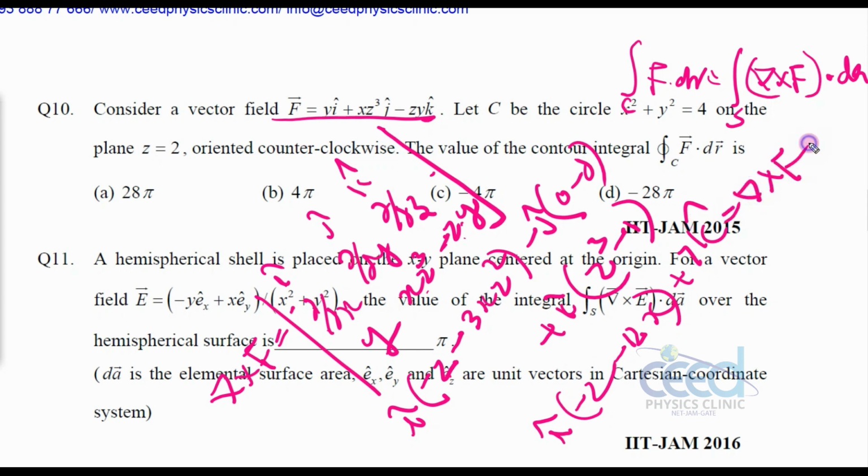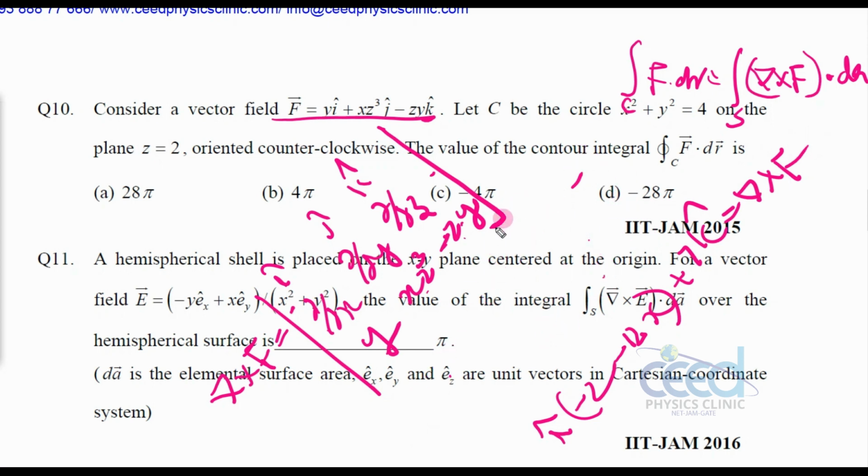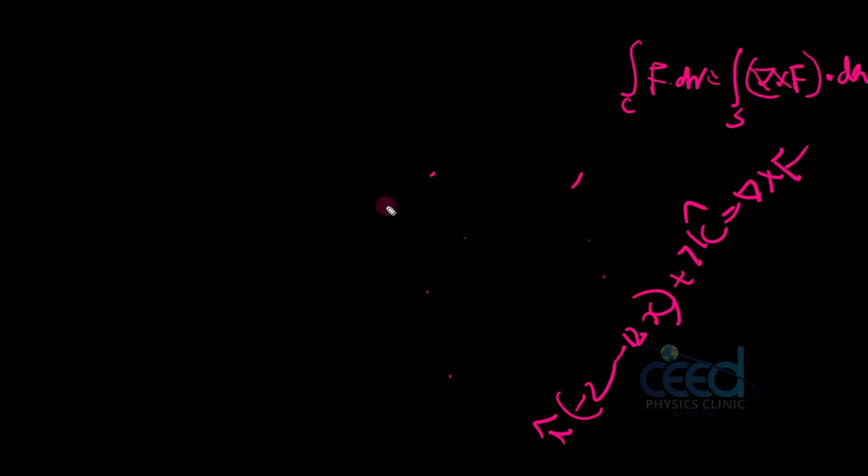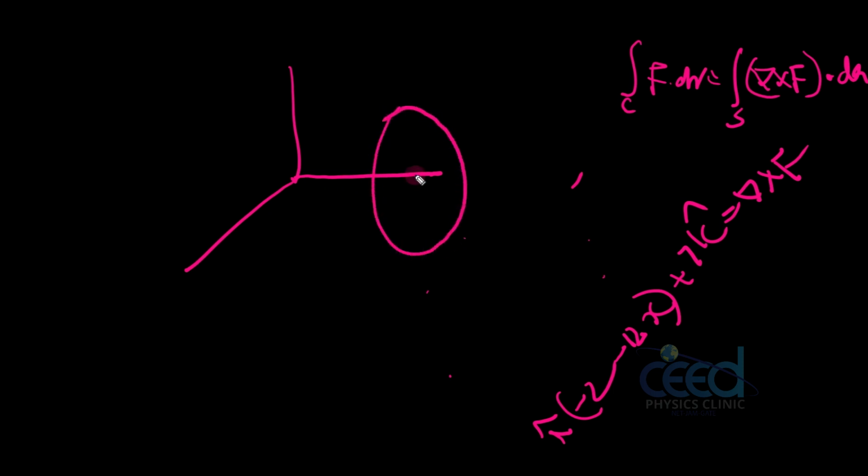Now let me draw the situation. I need to find the surface integral of del cross f, so let me look into the figure. Suppose this is my z axis, and here you have a circle at z is equal to 2. This is x and this is y.